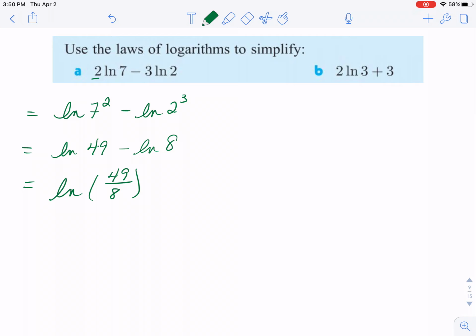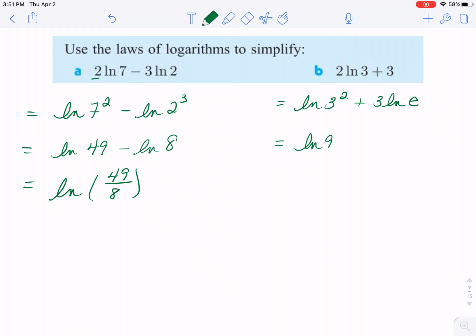Again, remember, pause the video, try the math, and then watch the video and see if you're doing it correctly. So 2 ln of 3 becomes the ln of 3 squared plus 3 ln of e, because again, that's the times 1. 1 is that ninja thing that we multiply by.